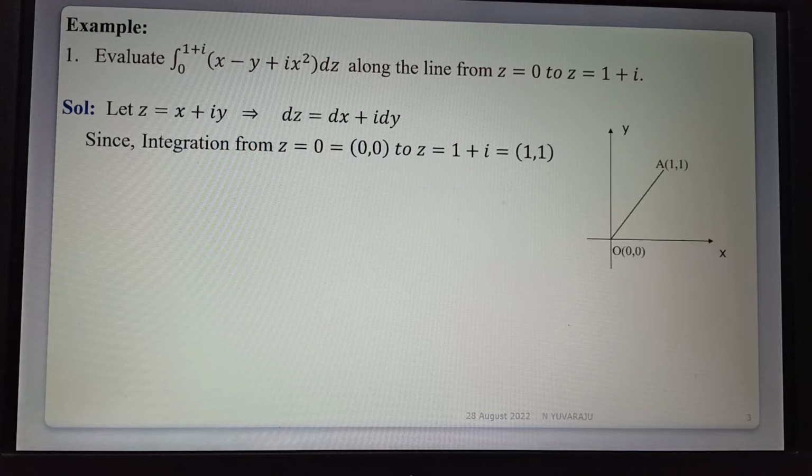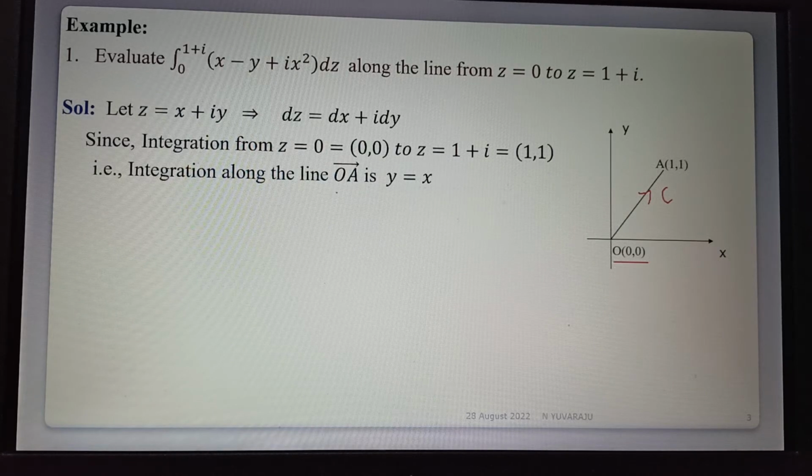See the graph, x axis, y axis, from the 0 comma 0 point to the 1 comma 1 point along OA, this is the curve C. Now finding the integration from O to A, the x limits are 0 to 1, or the y limits also 0 to 1. Okay?